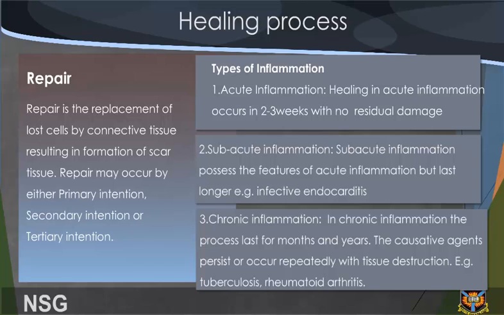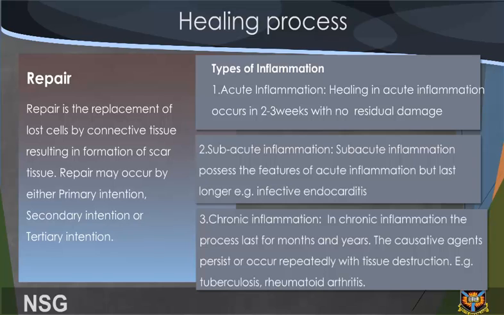Types of inflammation. 1. Acute inflammation. Healing in acute inflammation occurs in 2 to 3 weeks, with no residual damage. 2. Subacute inflammation. Subacute inflammation possesses the features of acute inflammation but lasts longer, e.g., infective endocarditis. 3.